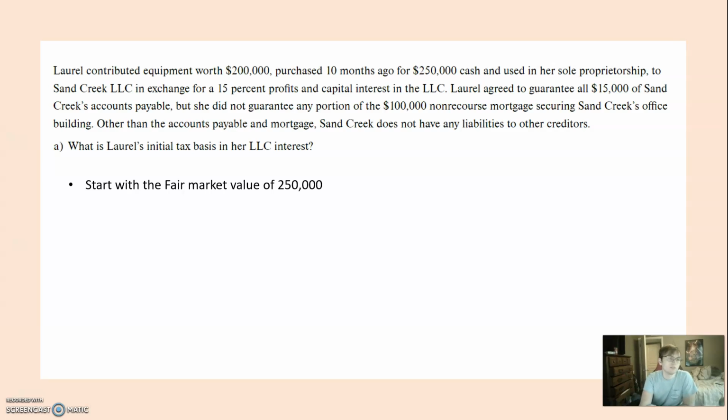So we're going to start with the $250,000, which you purchased it for 10 months ago. And then the $15,000 is a recourse liability. She guaranteed all of the accounts payable, and we talked about how a payable is an example of a recourse liability.